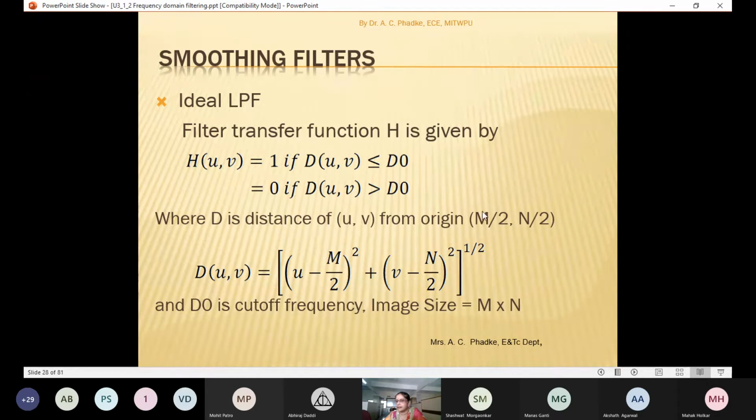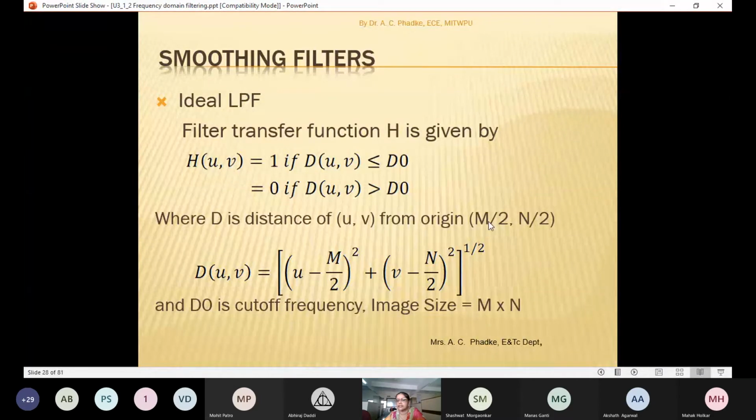The origin is at the center of the image, and if we assume the image size as M by N, the center of the image is given by M/2, N/2. So if this is your center point or origin, we can determine the distance D(u,v) as the square root of (u minus M/2) squared plus (v minus N/2) squared. Here the origin is not 0,0, but it is at the center of the image.